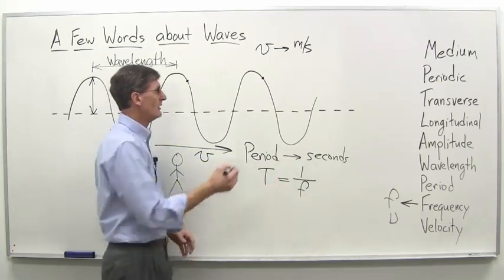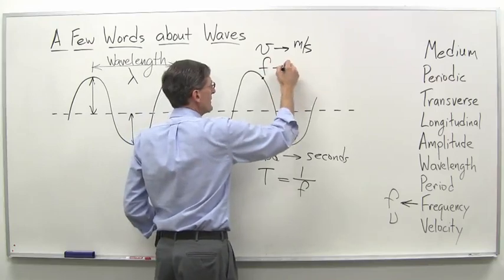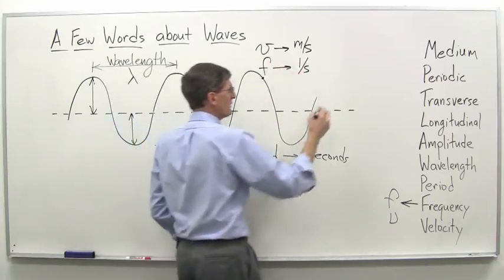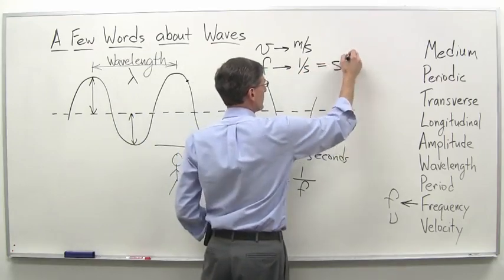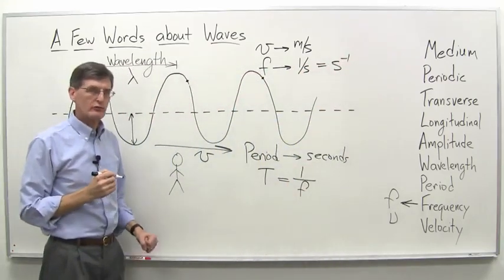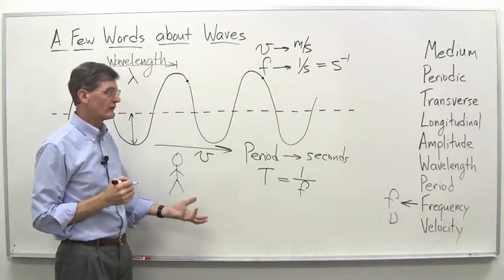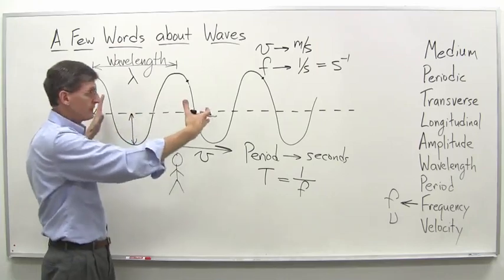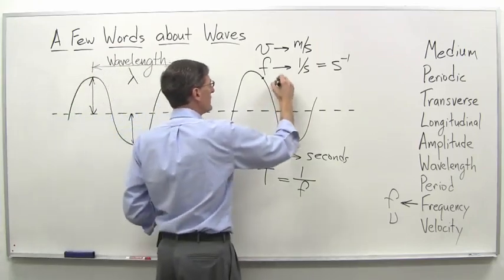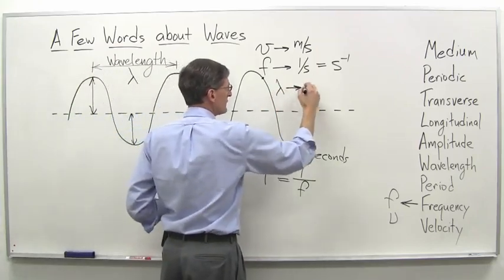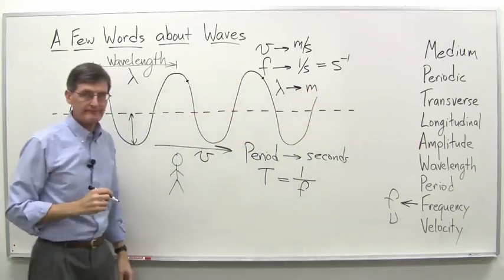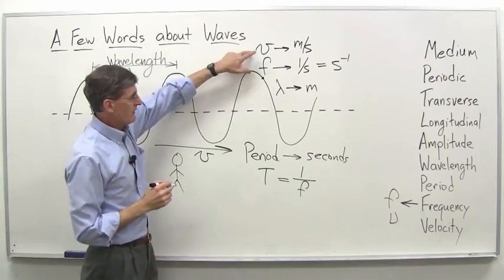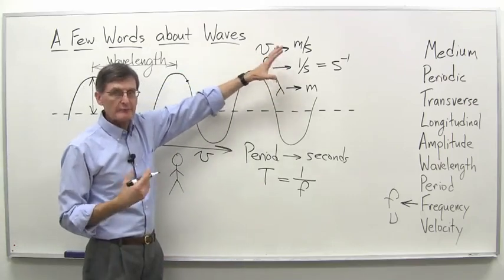So frequency has units of 1 over seconds, or inverse seconds, because it's the inverse of period. And wavelength, remember, is a length, as the name implies. So lambda is meters.